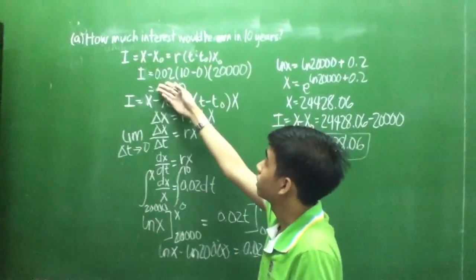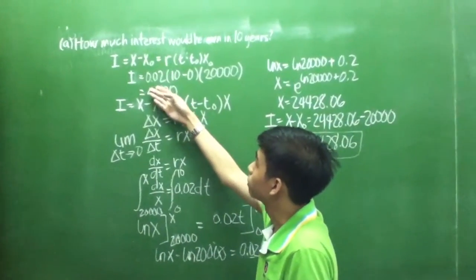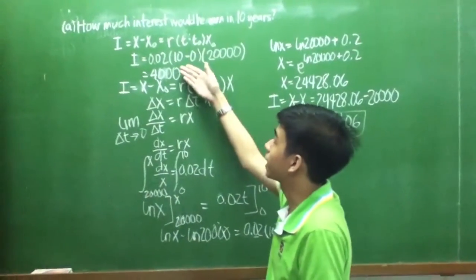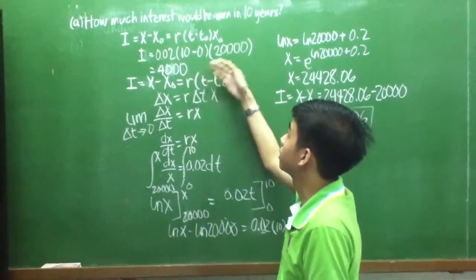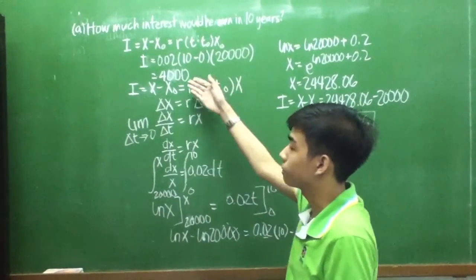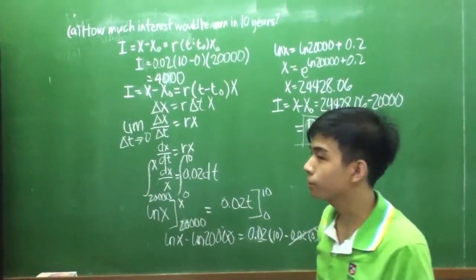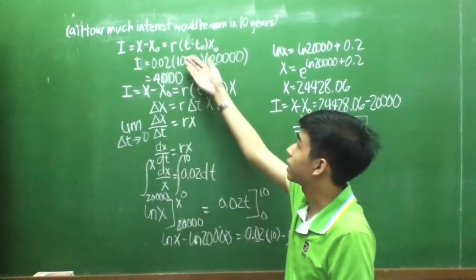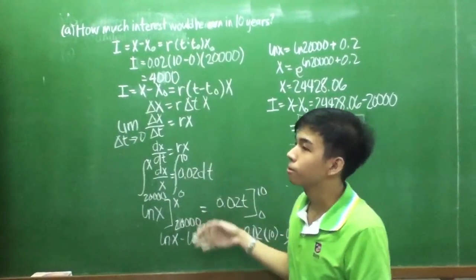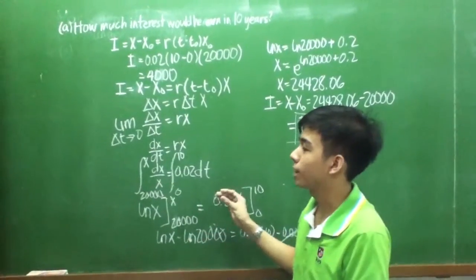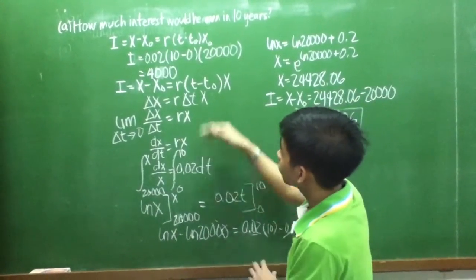So the rate is 0.02 times the years that elapsed, which is 10 minus 0, times the original amount, which is 20,000. That will equal 4,000. But what if it's done continuously? Then that means the t minus t sub o will be very much shorter, like it will approach 0.